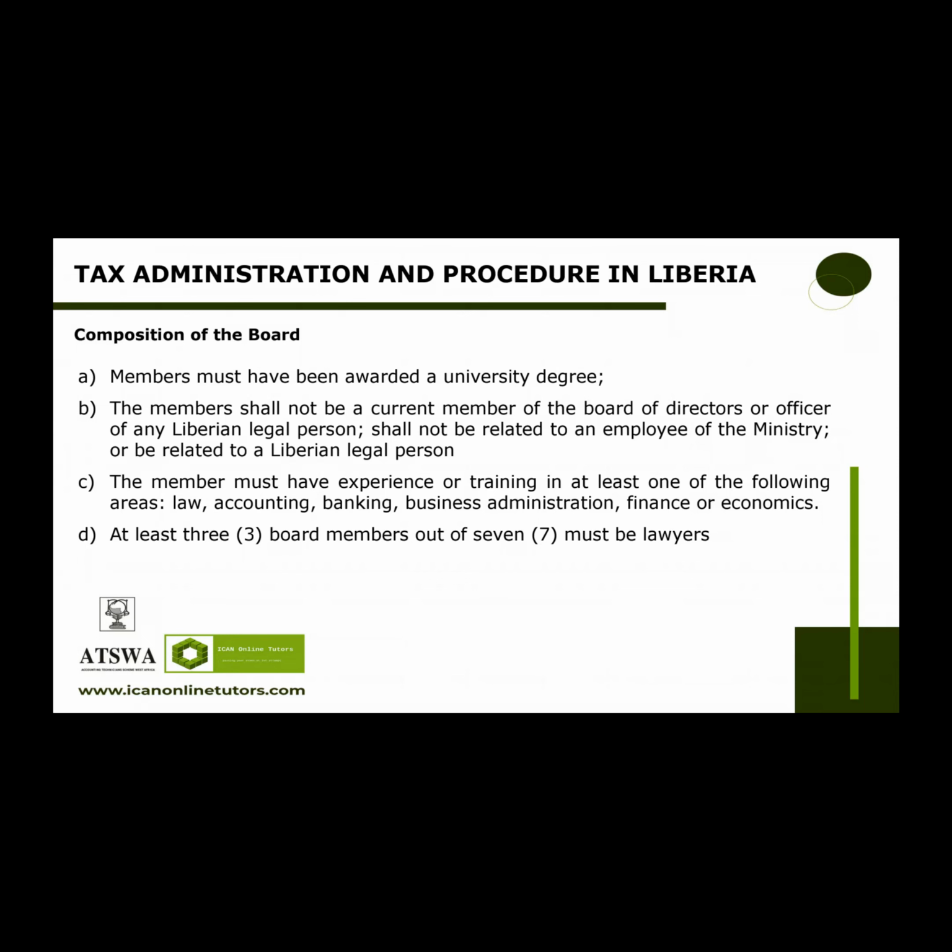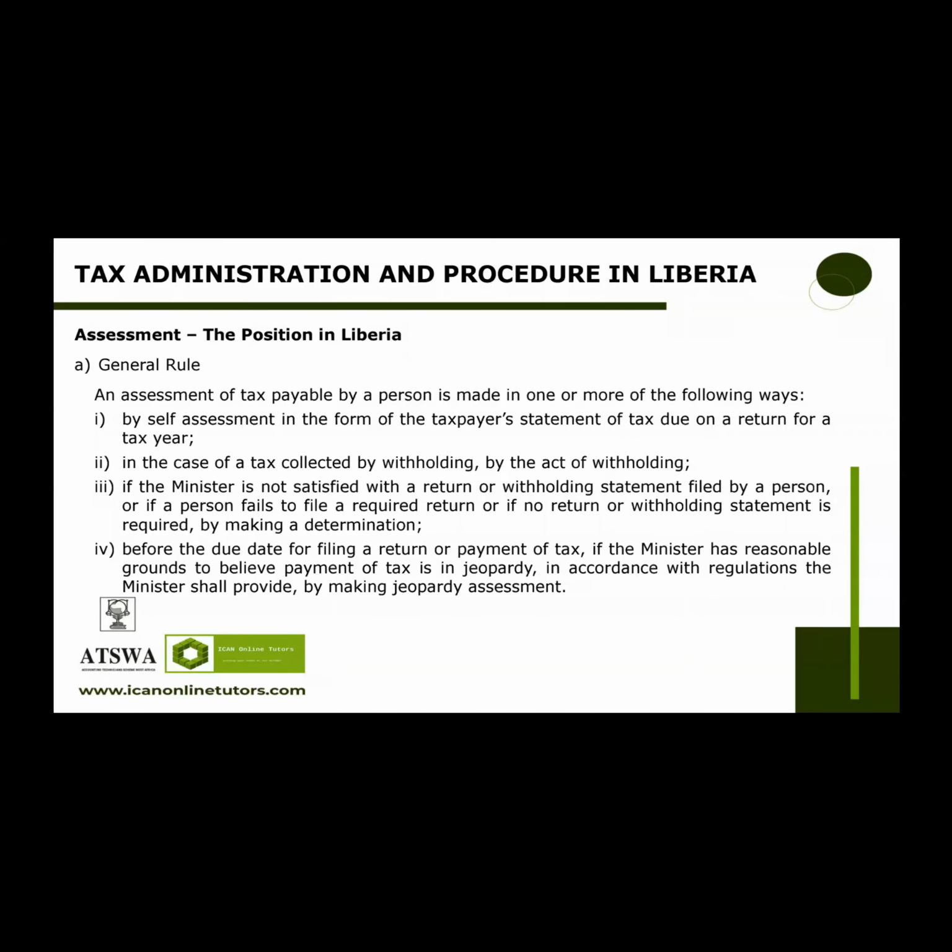Also, the member must have experience or training in at least one of the following areas: law, accounting, banking, business administration, finance, or economics. And at least 3 board members out of 7 must be lawyers. Are we together?